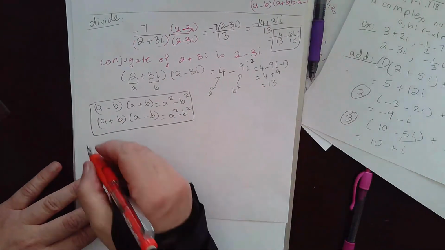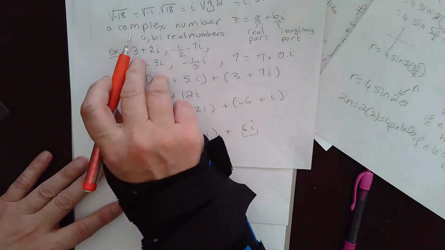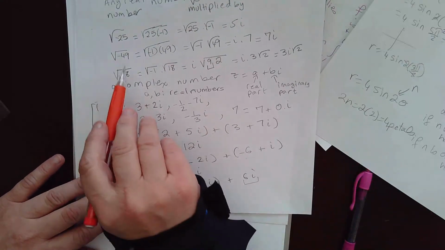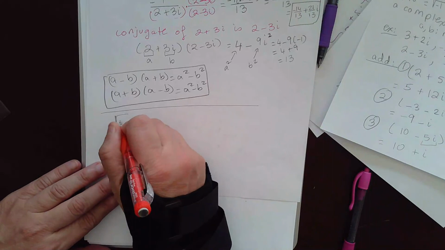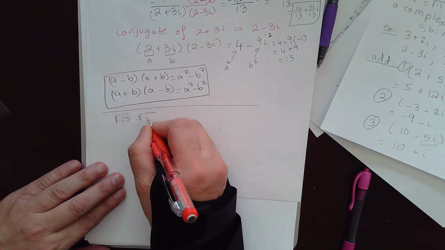One thing I want to give you here, I showed you these examples right here. But sometimes you may multiply with numbers like this, like negative 25 times square root of negative 36.